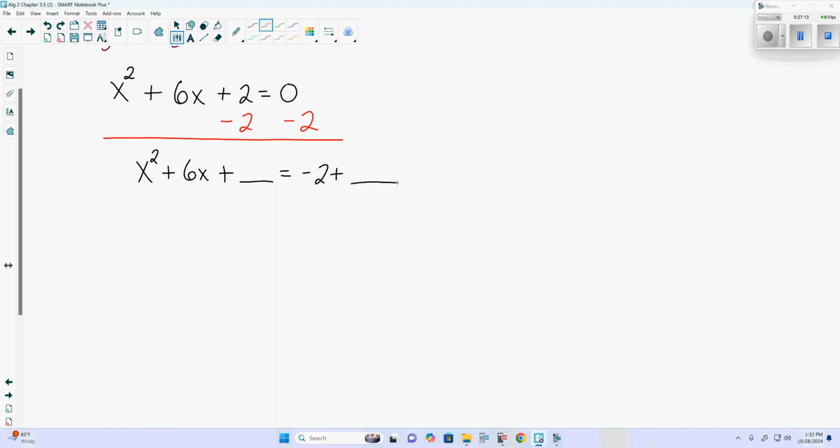Telling us that we have x squared plus 6x plus blank equals negative 2 plus blank. c is equal to b over 2 squared, and our b value is indeed positive 6. Now 6 divided by 2 is 3, and 3 squared is 9.